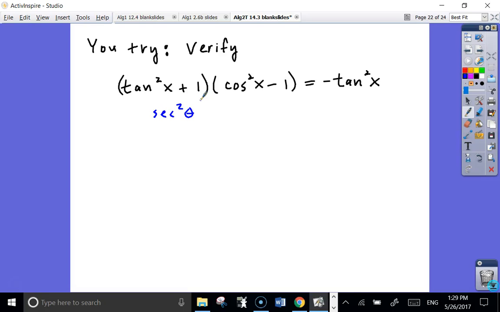Usually you get 1 minus cosine squared equals sine squared. So if I flip the order and make it cosine squared minus 1, then what does that equal? Negative sine squared. And now we can say secant squared is 1 over cosine squared, so this is negative sine squared over cosine squared, which is negative tan squared.